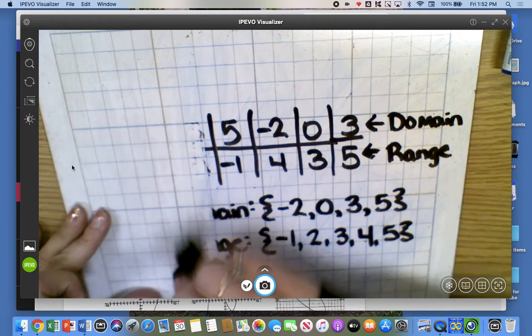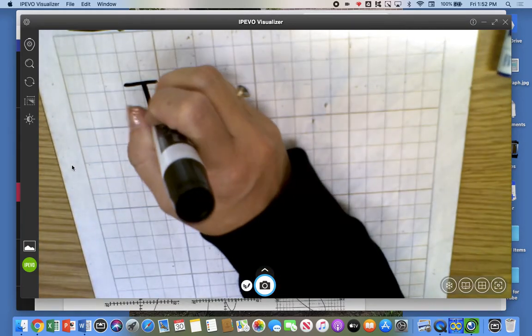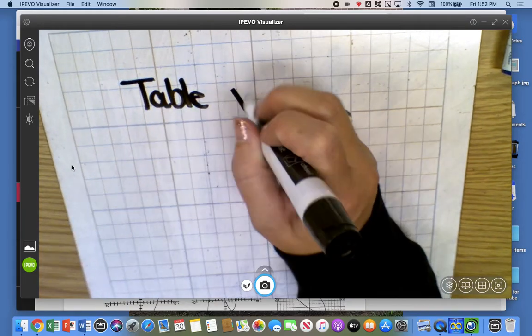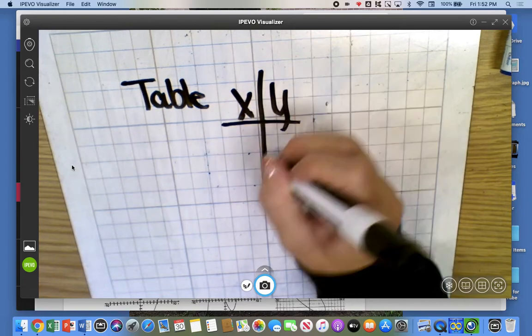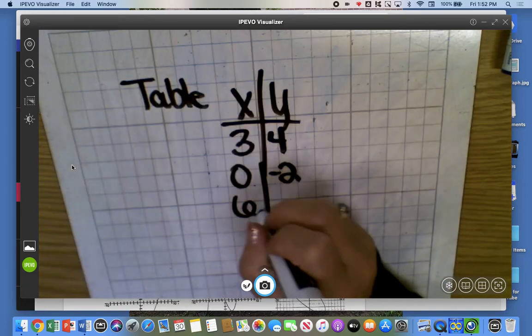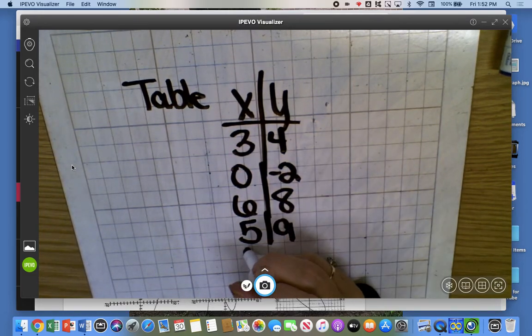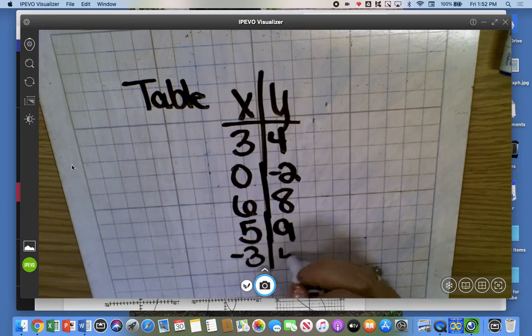I can give you another example of a table. Sometimes your tables are written this way, just depending on the situation. Okay, so we have this.